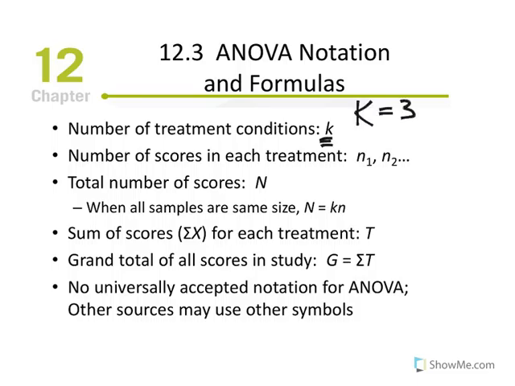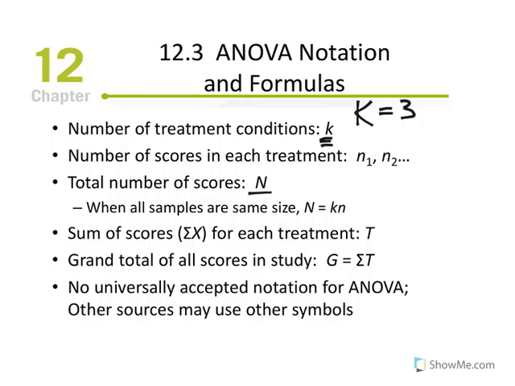So K is representative of how many conditions you're testing. The number of scores in each treatment is the same as we have learned since chapter 1, sample size. So N sub 1 would denote sample size for a first condition. N sub 2 would indicate the sample size for a second condition.